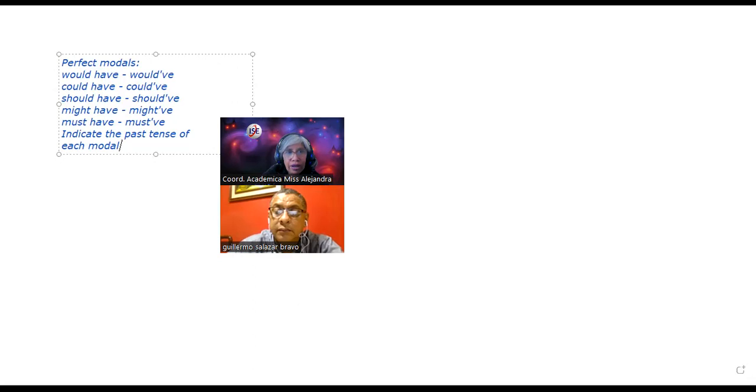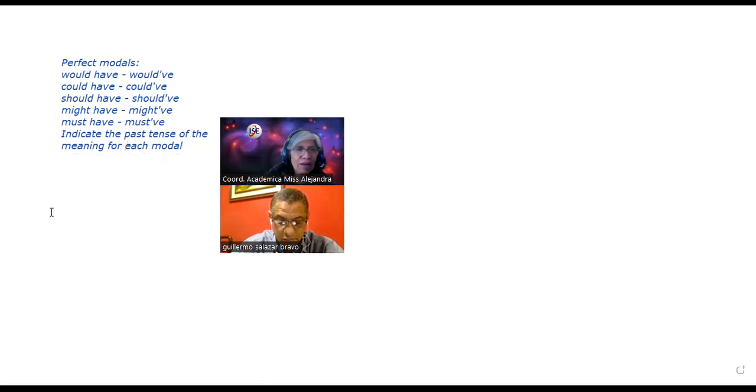So the perfect modals, even though they are called perfect modals, indicate the past tense of the meaning for each modal. Okay, so should have, advice, duty in the past; would have, possibility in the past; could have, possibility in the past; might have, possibility in the past; must have, obligation in the past.